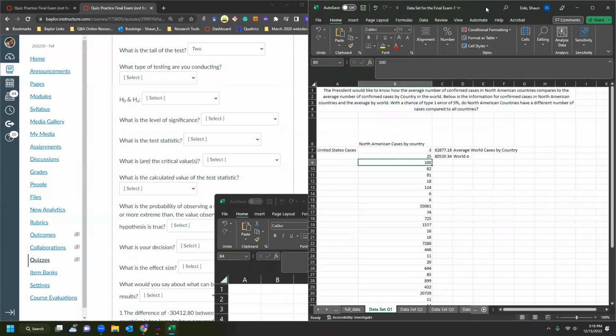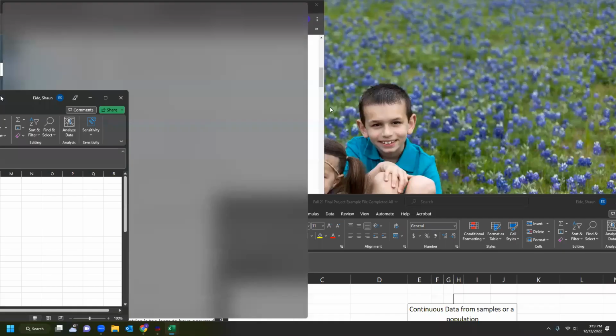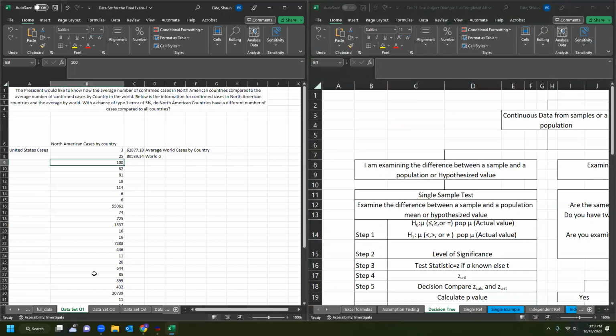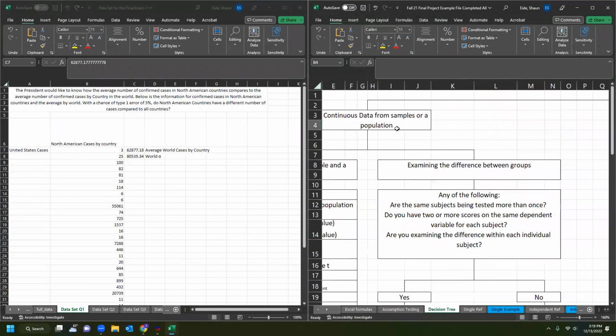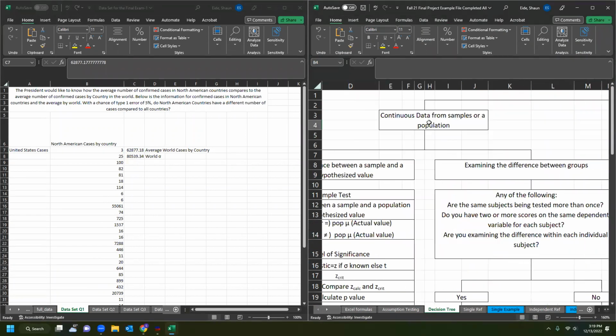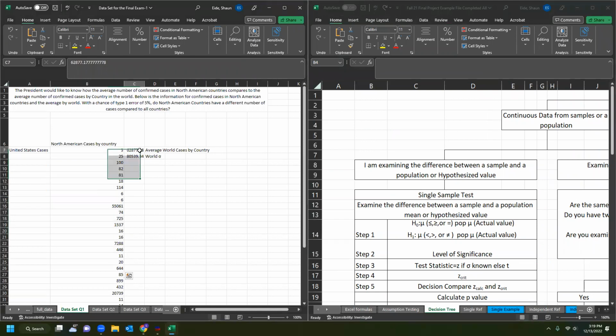But we're looking at the average number of cases, which means that you don't necessarily have meaningful gaps between them. And so we're looking at continuous data right here, because we're comparing an average to an average.